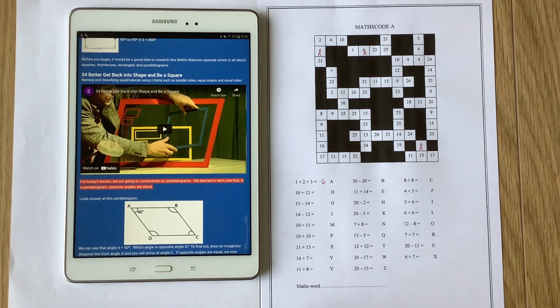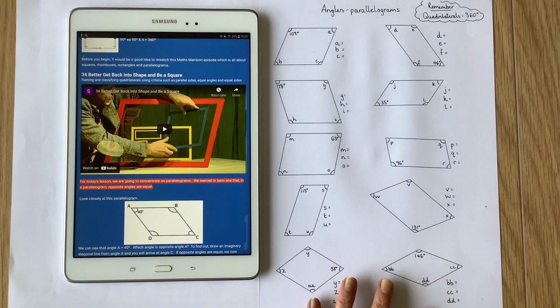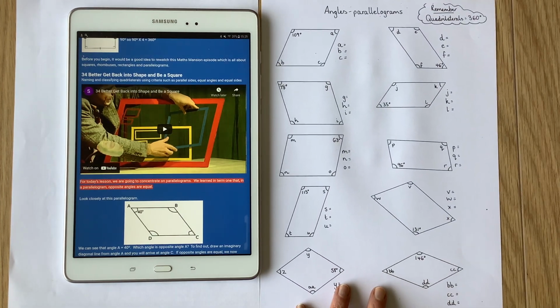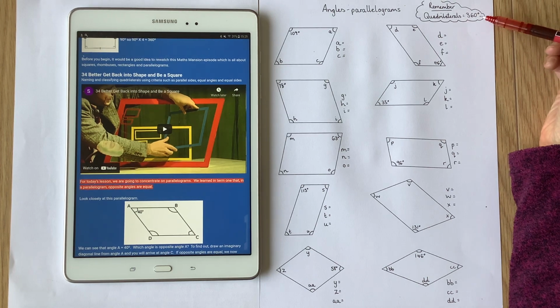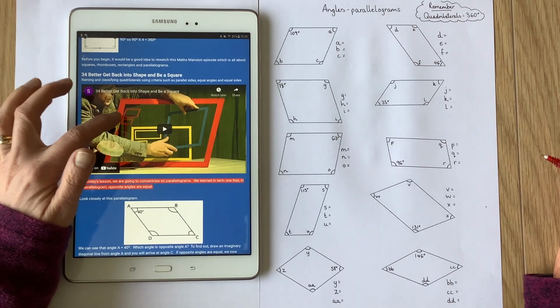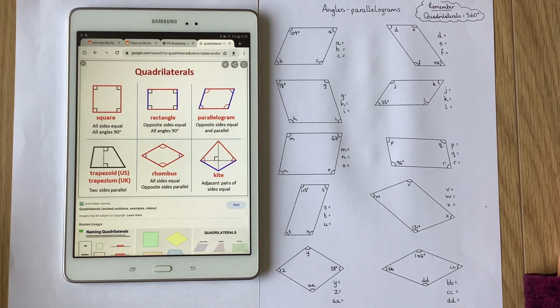Now, one of the things that we learned back in term 1 was that when we're looking at a parallelogram, the angles inside a parallelogram, and in fact the angles inside every single quadrilateral, must add up to 360 degrees. Now, we can prove that to ourselves when we look at a square or a rectangle.